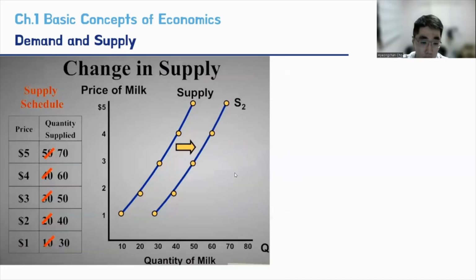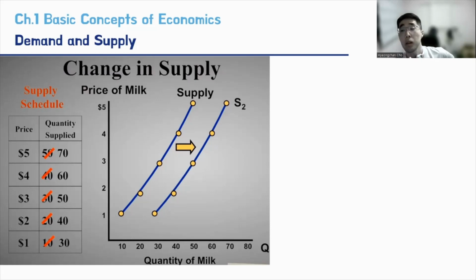Okay. So like the demand curve, the supply curve also shifts because of an external shock. Imagine that there is some sort of revolution in the way of making milk, some very good invention for making milk faster.